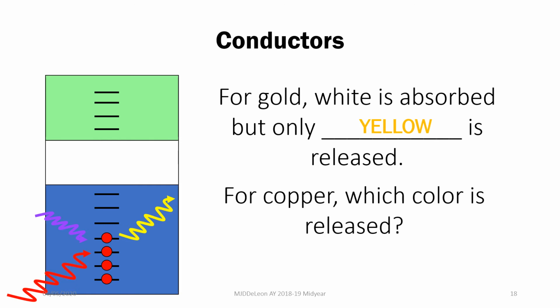For copper, yung kulay ng copper mo is parang, well, copper. So it absorbs all light. So from violet to red, from ROY G BIV, kaya niya, kasama na yung green. But yung na-release niya lang is yung kulay niya, which is red to orange na light.